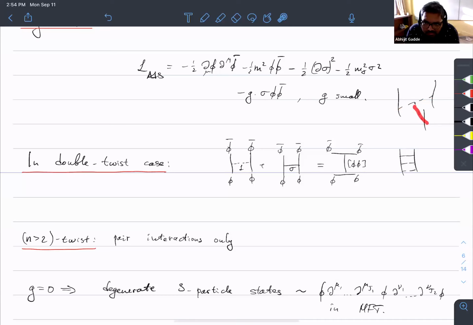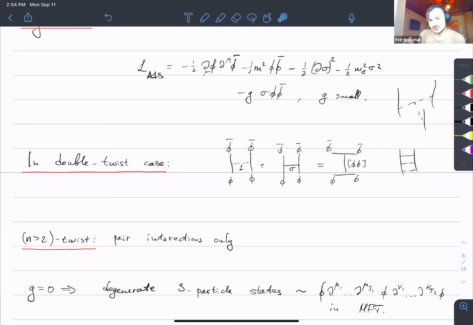Imagine each of these things is far away from the AdS center. Then this has 3 long pieces compared to 2 long pieces it would have in a 2 particle interaction. So if you try to imagine higher particle interactions mediated by the same sigma, then they will actually be more suppressed than 1 over J.